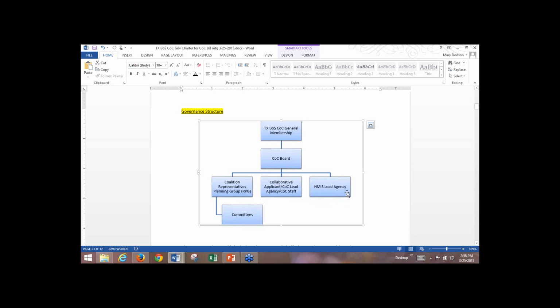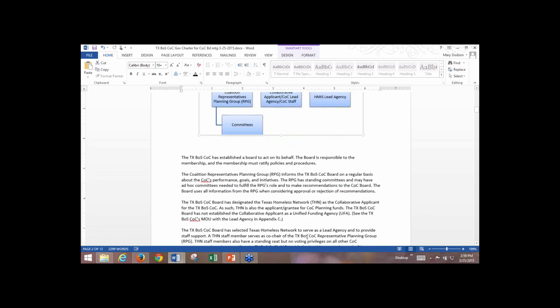So we help to administer and work with our users out in the field to know how to use the homeless management information system in the best way possible. So I'm sure many of you know our HMIS team and our HMIS support staff who you talk to all the time. So that's the overall general layout of our governance structure as proposed in this charter.